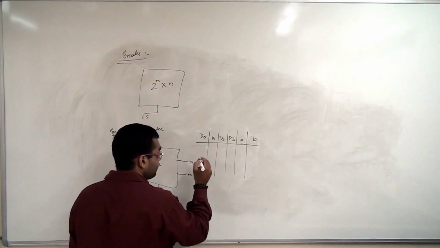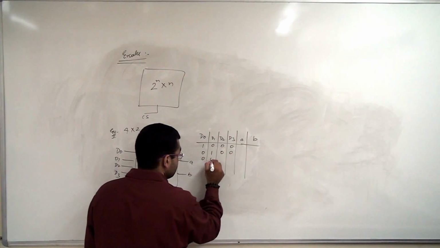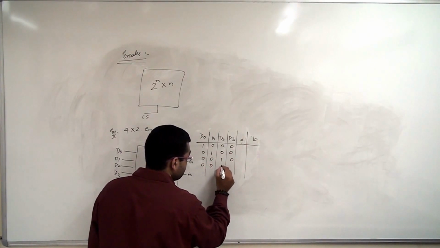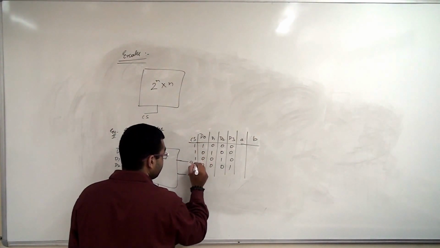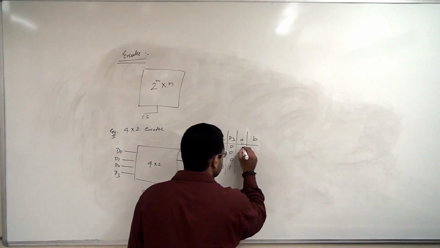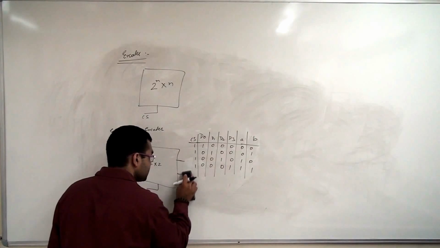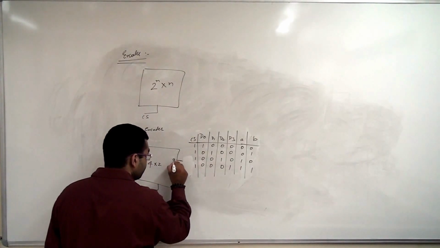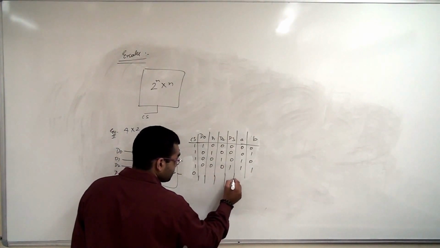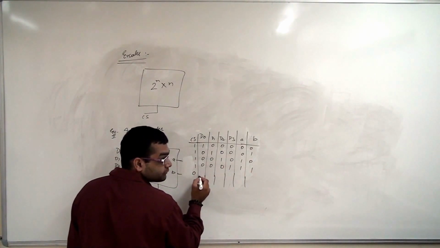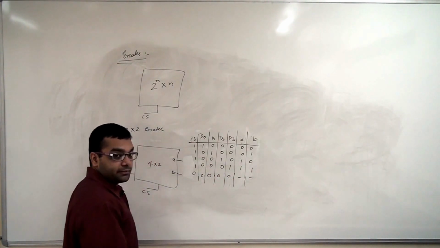Now the idea is, say we have D0, D1, D2 and D3 and the values in A and B. So we have 1 0 0 0, 0 1 0 0, 0 0 1 0, 0 0 0 1. We have a chip select, so this should be 1. Now as the chip select goes 0, all our inputs will be non-different.